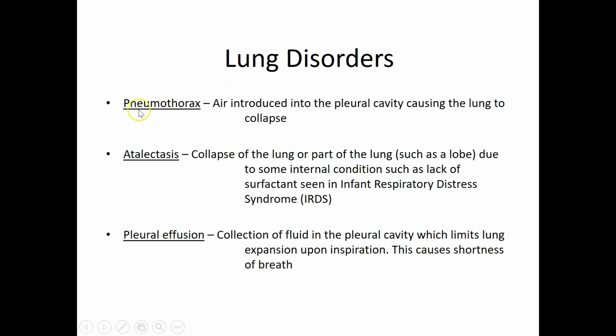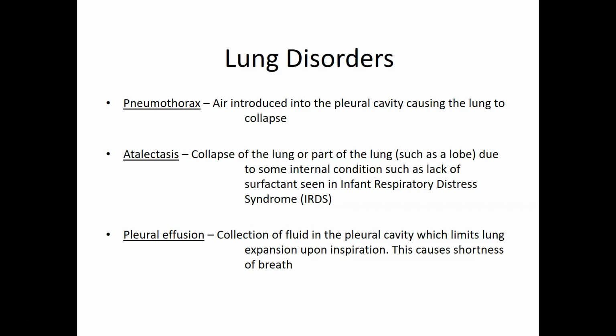In addition to the pneumothorax, which we just discussed, there are a couple of other types of lung disorders that are related that I wanted to mention. One is an atelectasis. An atelectasis causes a collapse of the lung. It can be the whole lung or a part of the lung, such as a lobe or a segment within the lung. And unlike a pneumothorax, this is due to some internal condition.